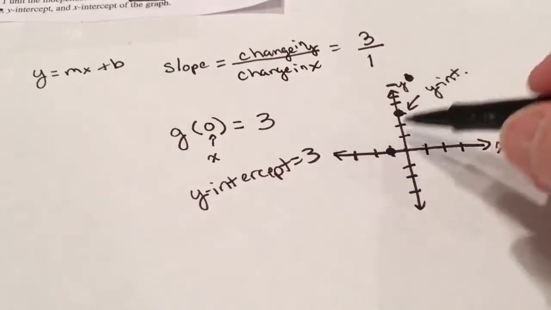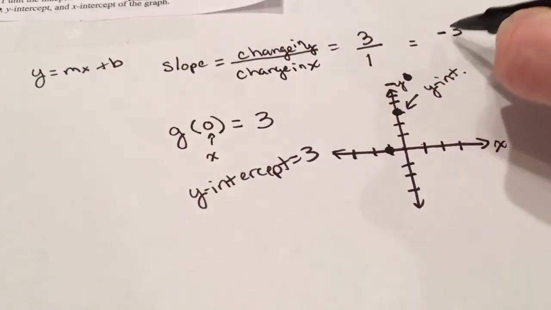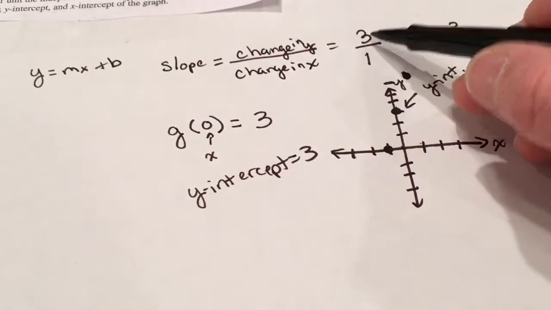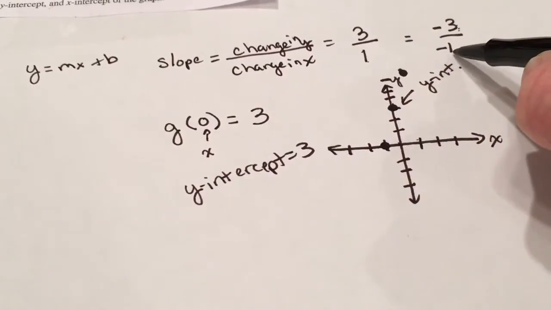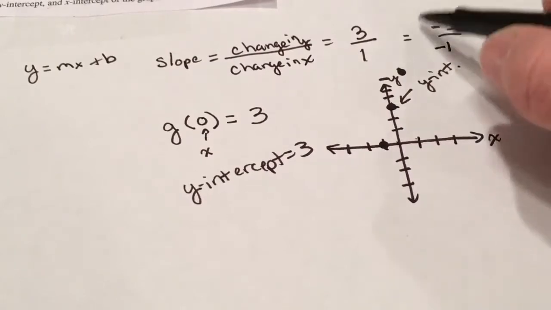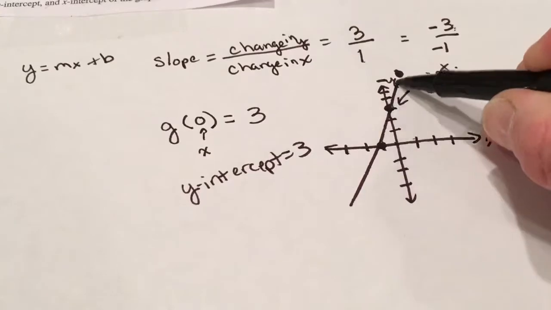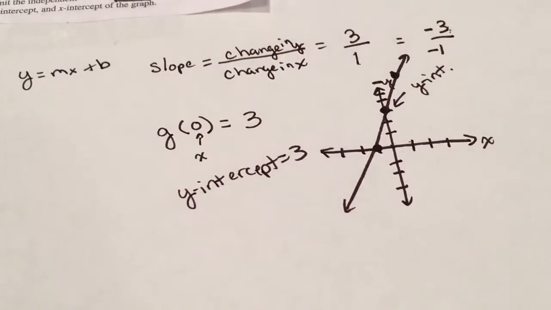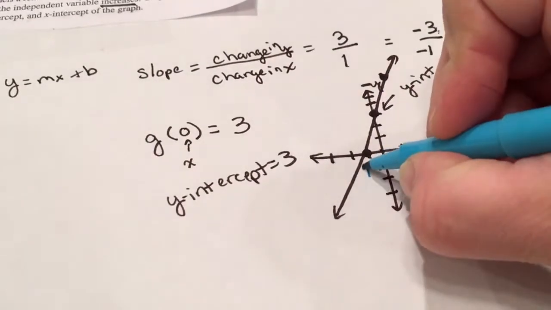Okay, that's going to fill my graph, because I could really rewrite my slope as -3 over -1. So you could either say I rise 3 and go right 1, or I go down 3 and left 1. And it has to be negative over negative to make it a total of a positive. So when we look at our graph, it looks like that. And in fact, my x-intercept in this problem is -1.